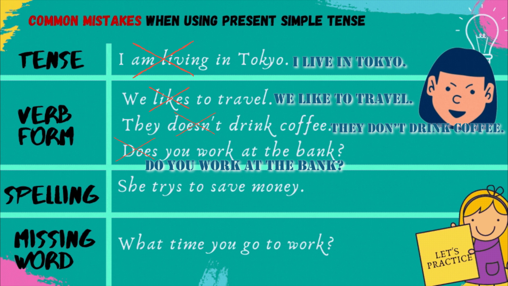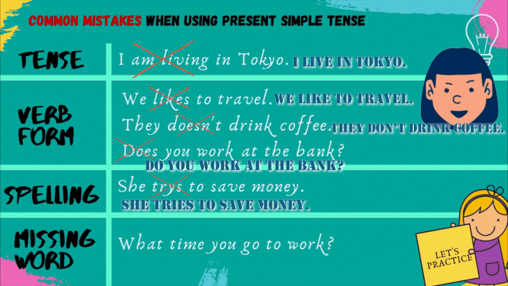So what do we do when the verb ends with a consonant and y? We drop the y and add ies. Here the verb is try and it ends with a y with a consonant before that. So we can change it to tries. Repeat after me. She tries to save money.